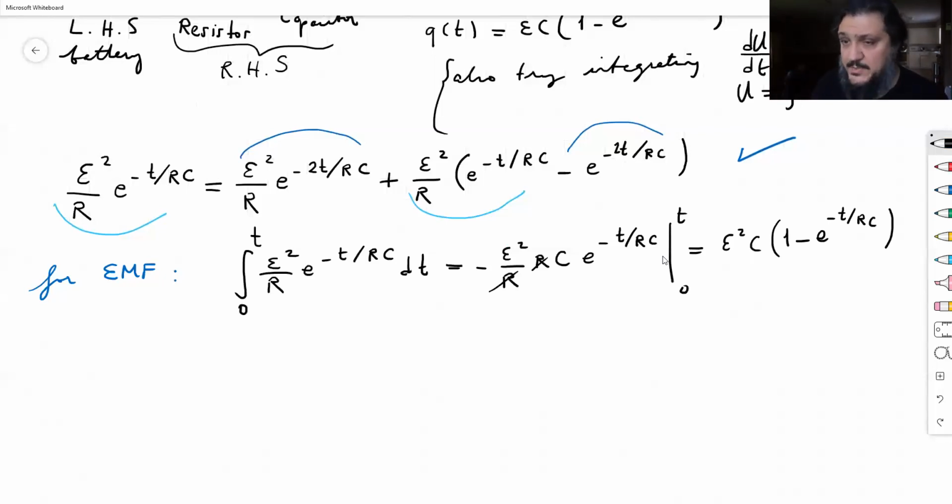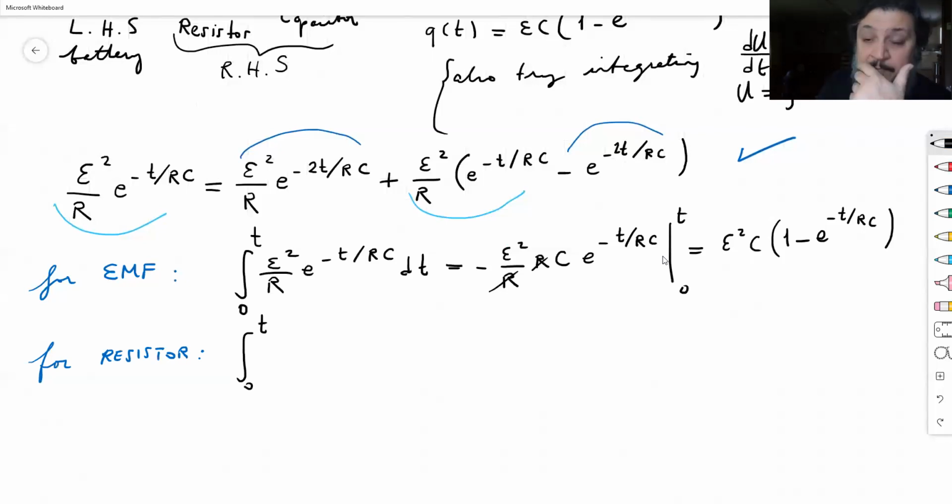Let's keep going. What about the energy dissipated in the resistor? For the resistor, now I need to integrate this term here, 0 to t, E squared over R, e to the power negative 2t divided by RC, dt.